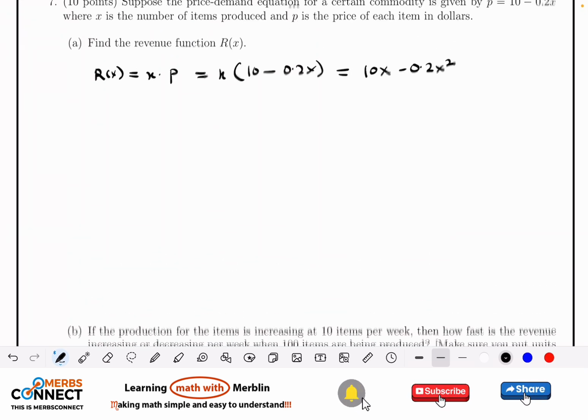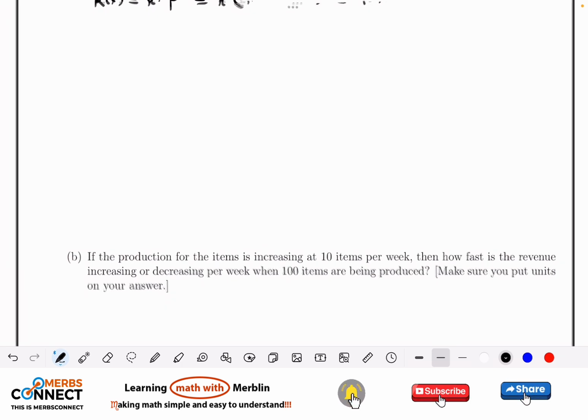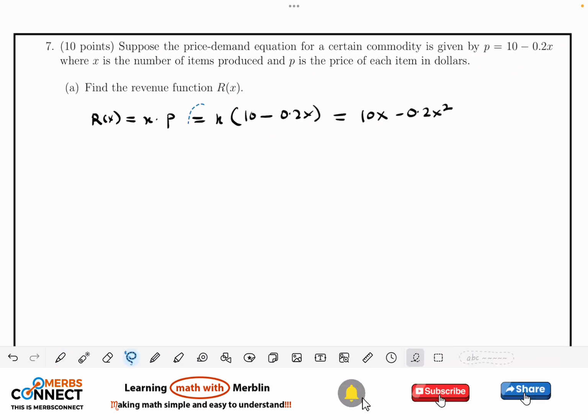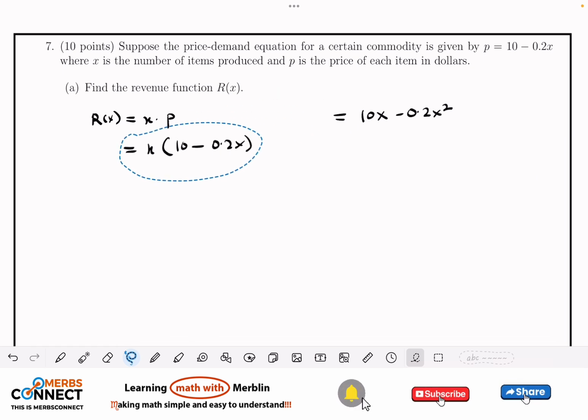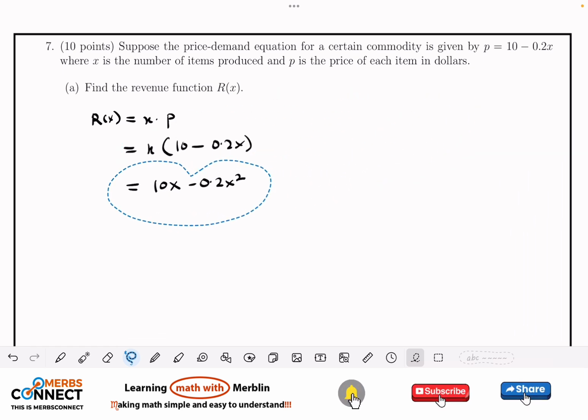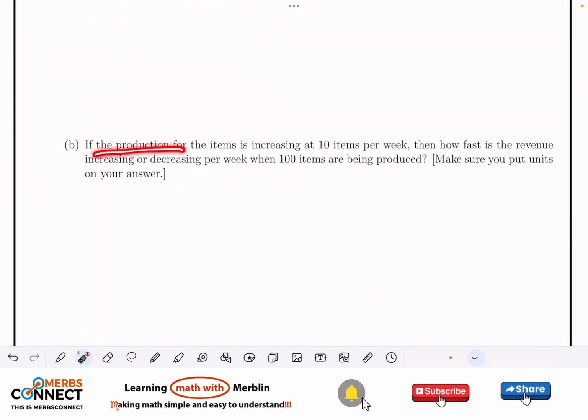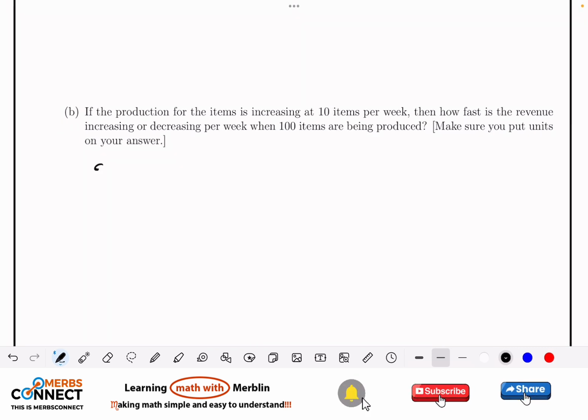Now if production of items is increasing at a rate of 10 items per week, since production is the X, that is the quantity, it means dX over dt is equal to 10.